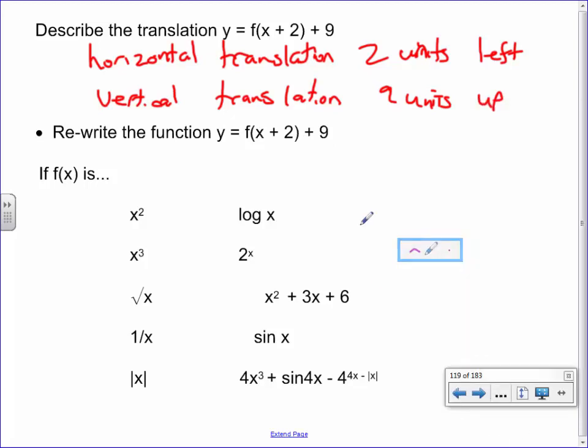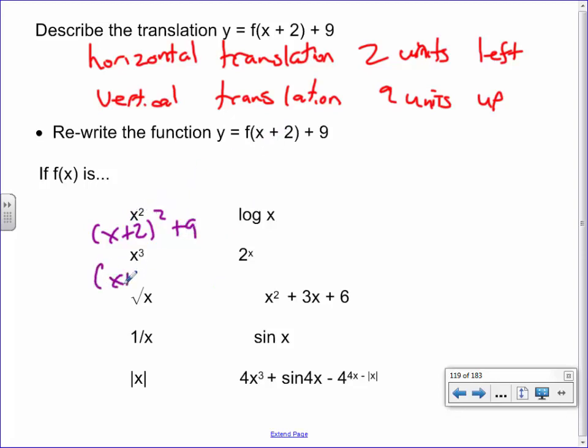I think you pick this up fast. What happens if I do this x plus 2 in place of x and then add 9? Well, then this would look like this. x plus 2, then square it, then add 9. Does that make sense? This x right here got replaced with x plus 2. Then I squared it because this one has to be squared, then add 9.